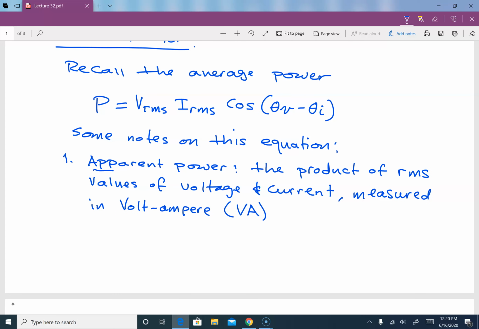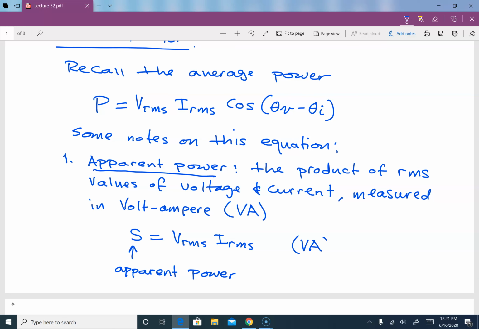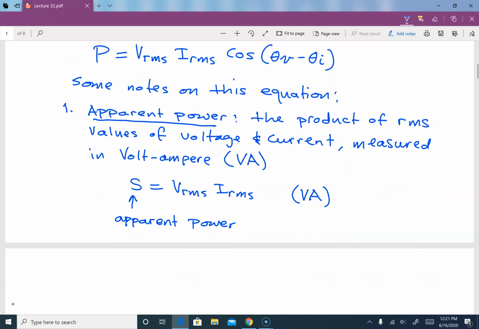And the apparent power, we give it a letter S. So our S is equal VRMS times IRMS. So the product of VRMS and IRMS is called apparent power. And the unit here is volt ampere, because we are multiplying voltage by current, so volt ampere.